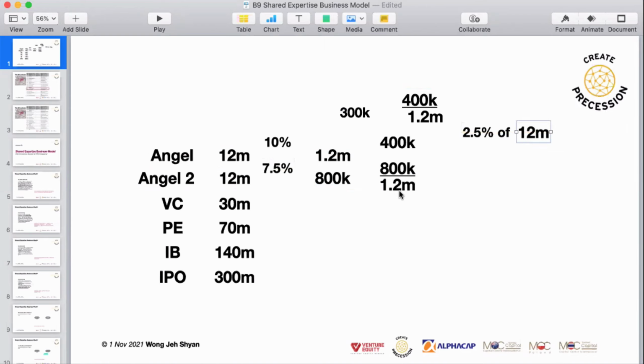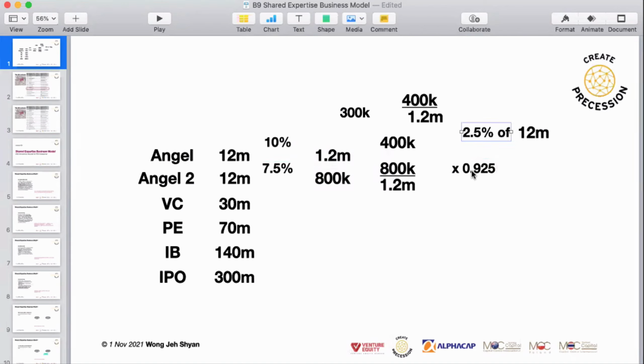Correct? But when you do a dilution of 7.5%, what do they multiply by? Times 0.925. Am I right? This round, 7.5%.